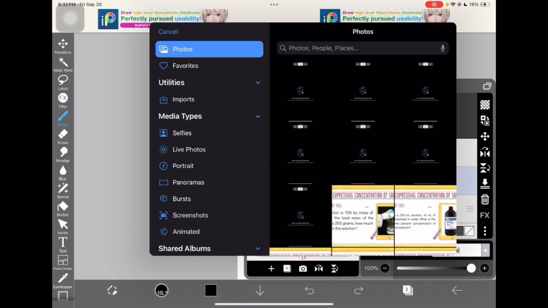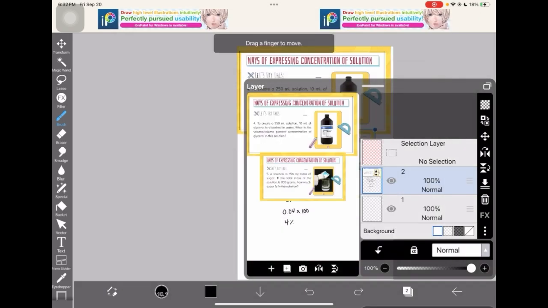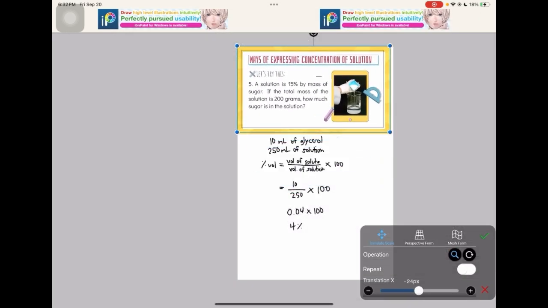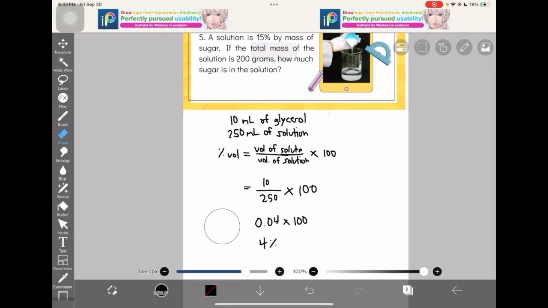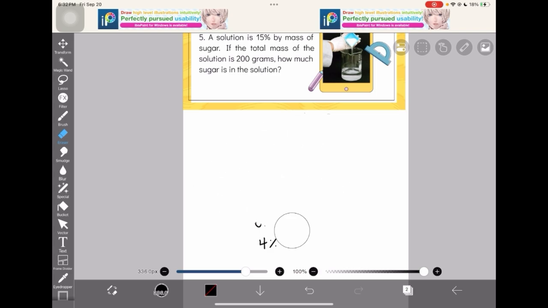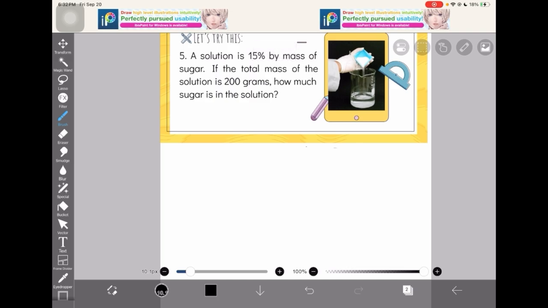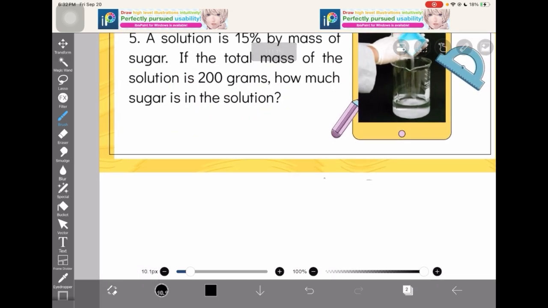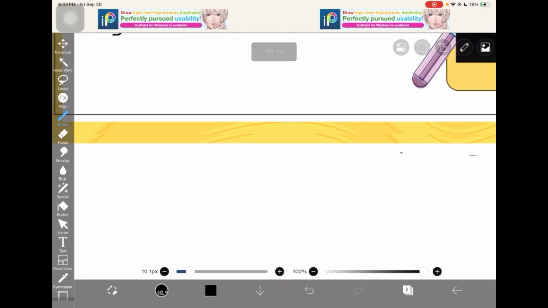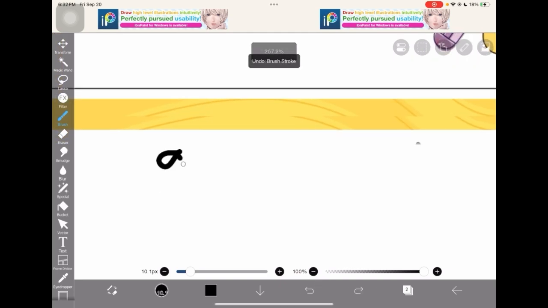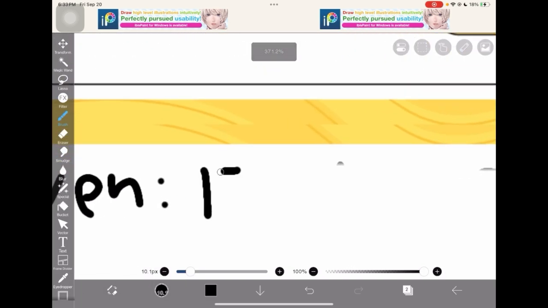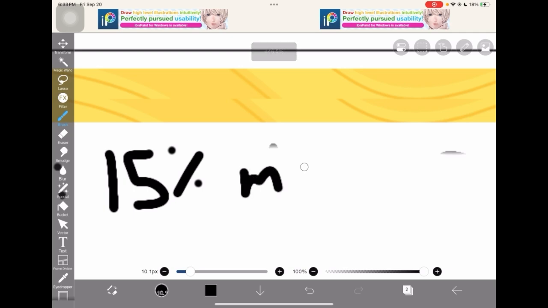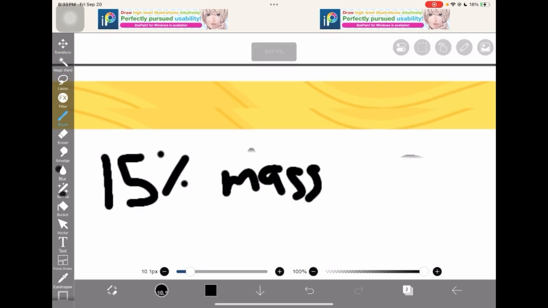Last one is number 5. So let's erase everything once more. So this is probably the hardest one, but I will write the formula for you. So the formula to use here, given first. Given, we always start with the given, everybody. So it has 15% percent by mass.